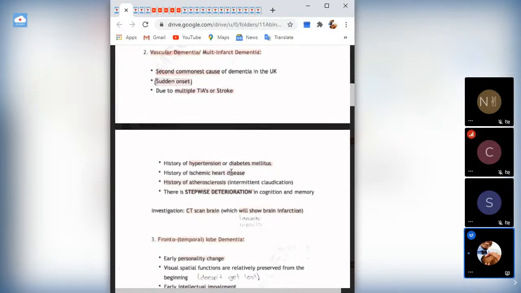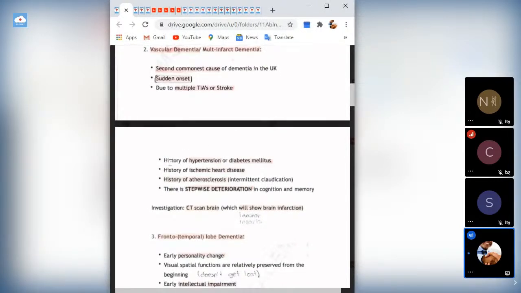Non-modifiable ones are age, sex, race, and of course family history. Then modifiable ones are hypertension, type 2 DM, alcohol, cigarette smoking, hypercholesterolemia, dyslipidemias and all those. They are all modifiable risk factors for this.